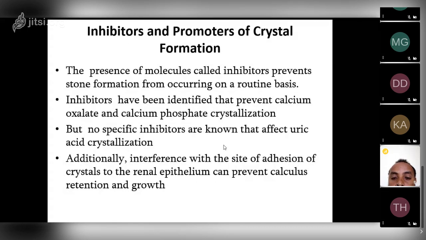Inhibitors have been identified that prevent calcium oxalate and calcium phosphate crystallization, but no specific inhibitors are known that affect uric acid crystallization. And additional interference with the site of adhesion of crystals to the renal epithelium can prevent calculus retention and growth. So when retention and growth is prevented also at the site of adhesion, stone formation will be prevented or inhibited.